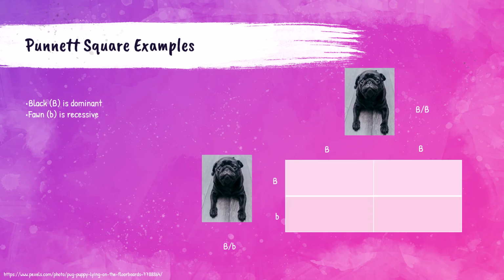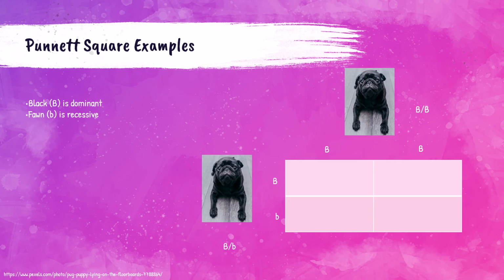Both of these pug parents are black in color, so that's their phenotype, and how they differ from each other is their genotypes, right? So one of them is big B, big B, and the other one is big B, little b. So this pug here on the left appears black, and the genotype is big B, little b.